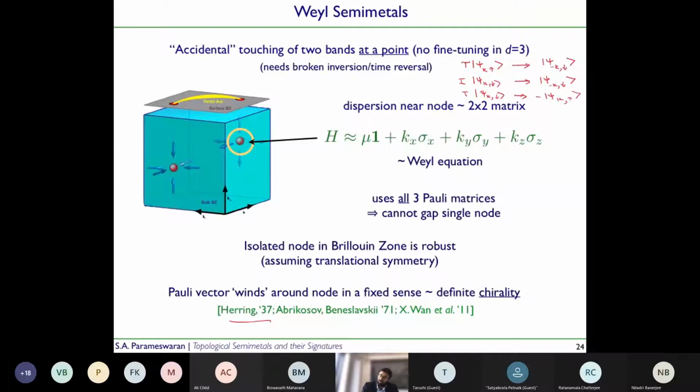So if I take the operation inversion times time reversal, you can convince yourself that, being sloppy, it takes psi k up to psi k down, and psi k down to minus psi k up.